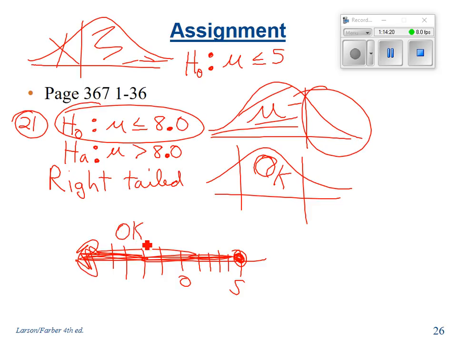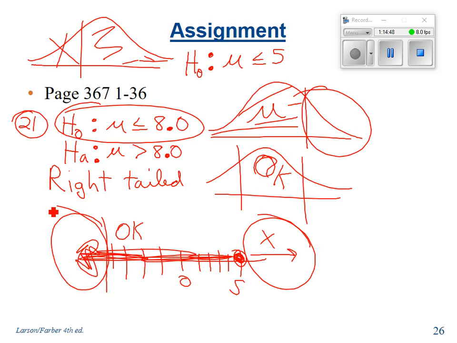All this stuff this way is the stuff that we're not okay with. That's the stuff where we don't want it to be there. We want it to be here because we're assuming that the null hypothesis is true. So this is the stuff we don't want, the right tail, and that's what that's called. So this is right-tailed. If the stuff that we didn't want was down here, then it'd be left-tailed.